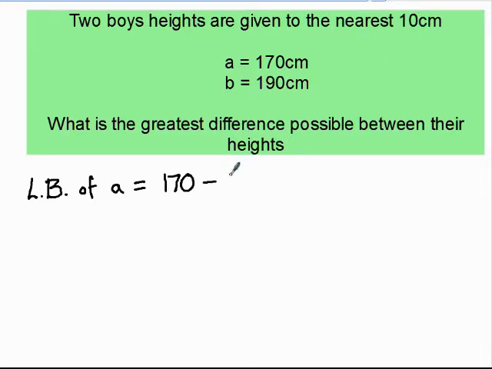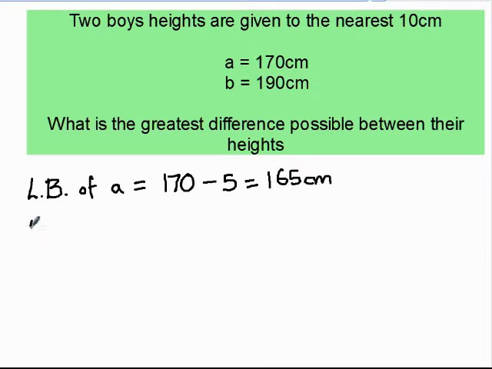So half of 10 centimetres is 5 centimetres. If these were in different units, if that had been given as 1.7 metres, we'd have to make sure we converted to the same units before doing this calculation. Either way, the lowest height this boy could have been is 165 centimetres.